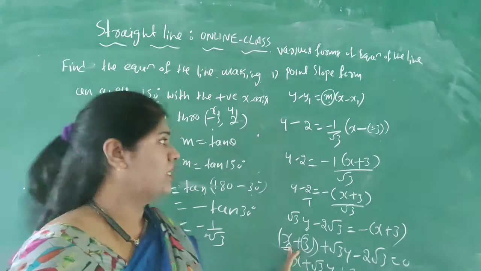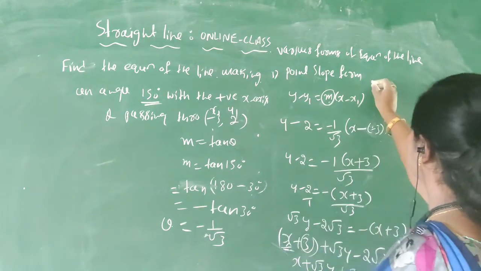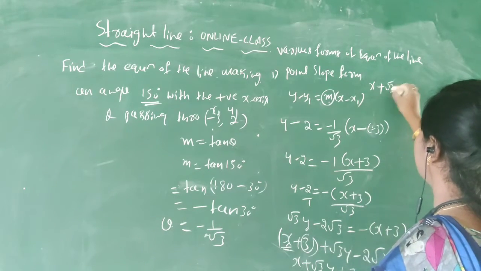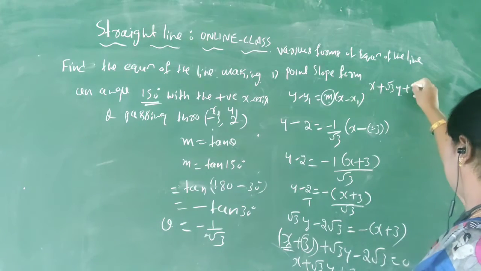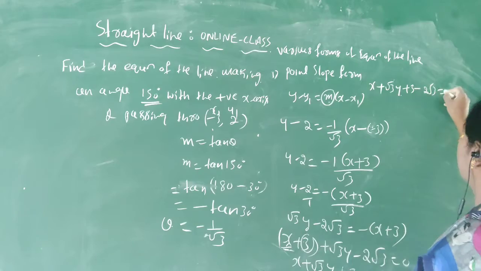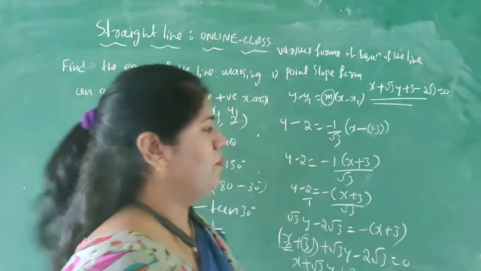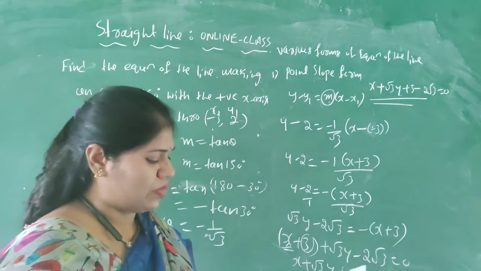So what I have done is keep x as it is, plus the y term root 3y, and the remaining 3 is also a constant term. So it is in the equation of the line form. It's very easy, you just need practice.